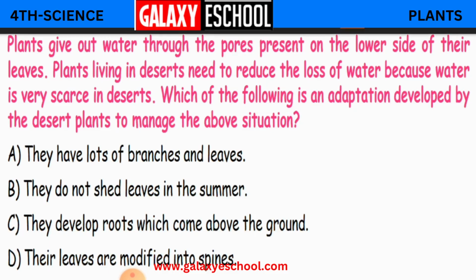So carefully read the question, children, and try to understand this. What is the question? Plants give out water through the pores present on the lower side of their leaves. So as we learned, plants give out water through the pores, like small holes. Where are they? They are on the lower side of the leaves.